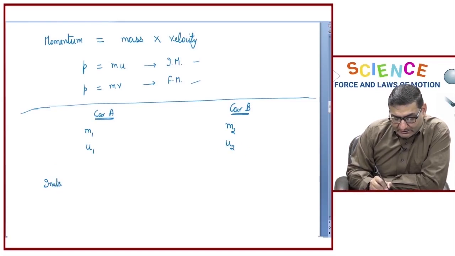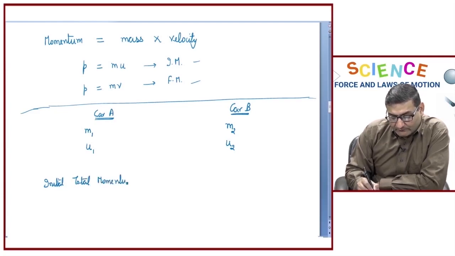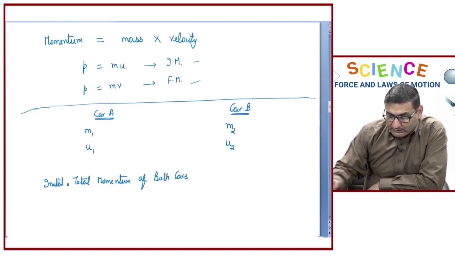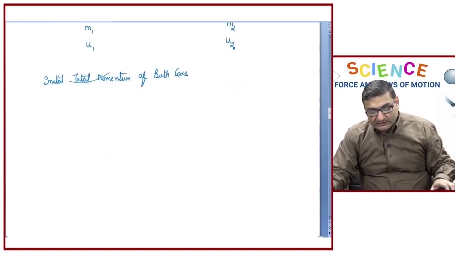Now, if we calculate the initial total momentum of both the cars, what does it mean? I am talking about the total initial momentum of both the cars.